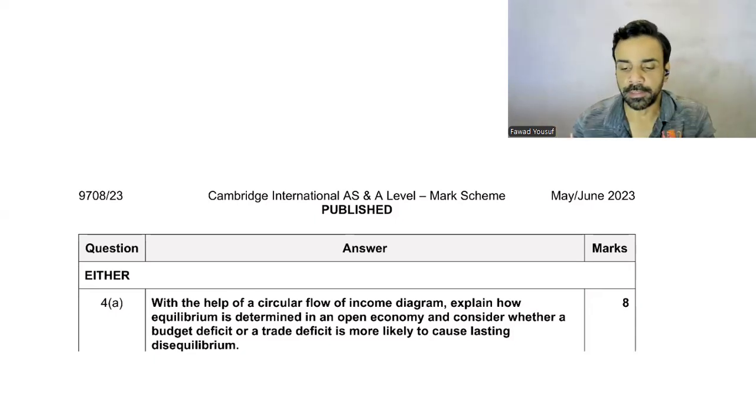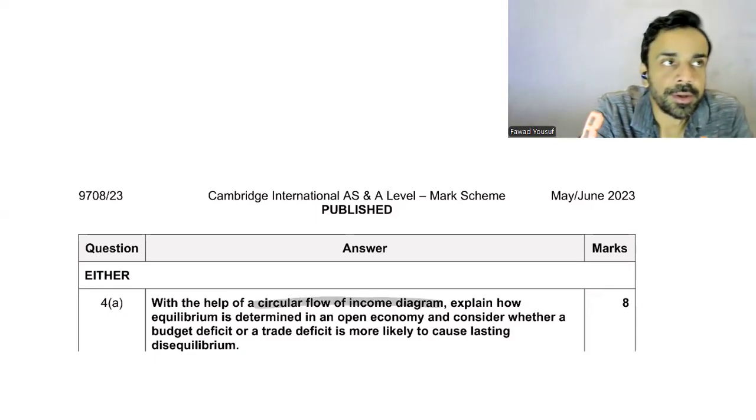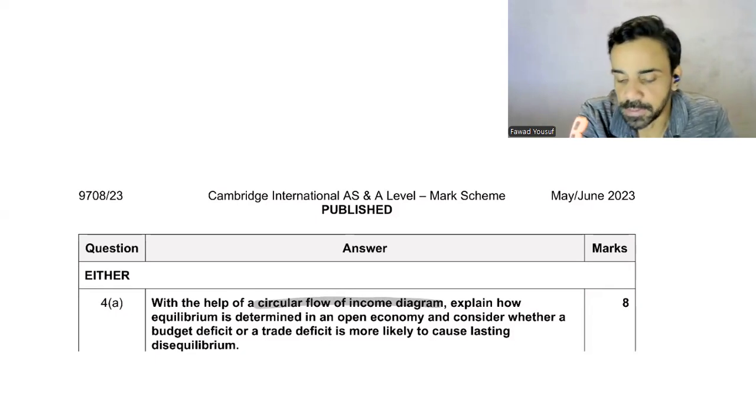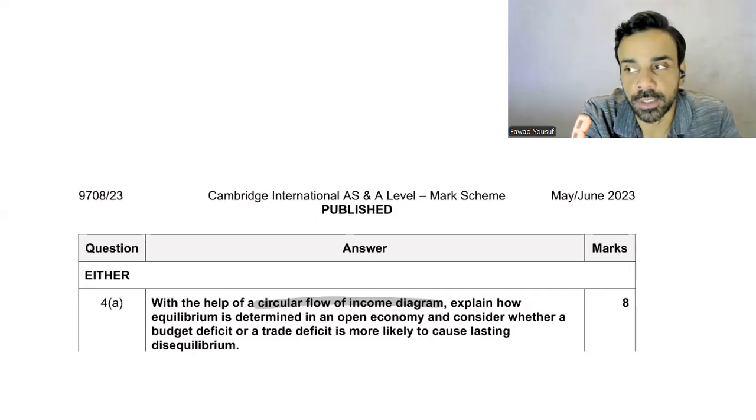A few key things. When they ask for a diagram, there is a mark for it. And the mark can honestly range from one mark to an entire three marks. ठीक है? That is something that we cannot guess, honestly.